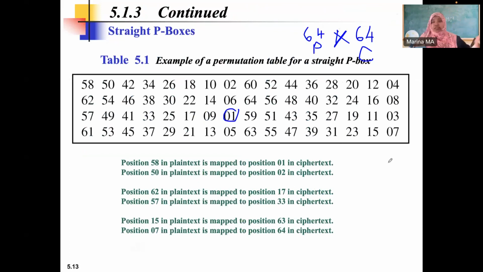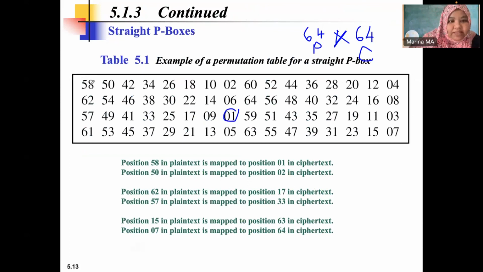But let's practice. How do we read this table? Because sometimes 64 is quite huge to do the arrow, right? So this here says position 58 in the plain text, the number is plain text, is mapped to position 1, the position is in ciphertext.